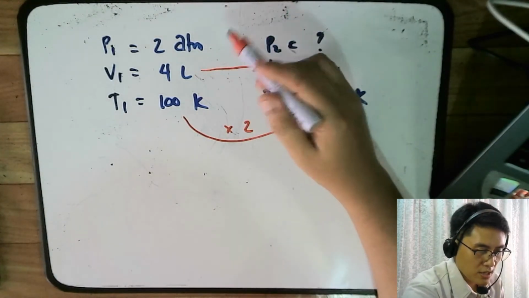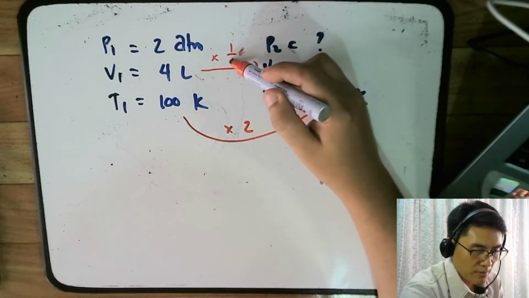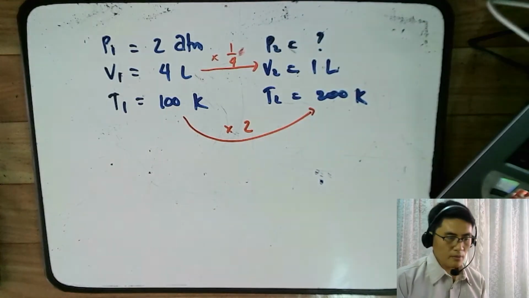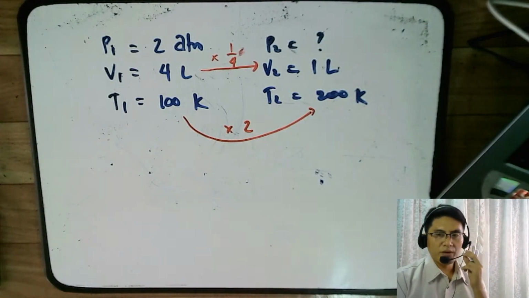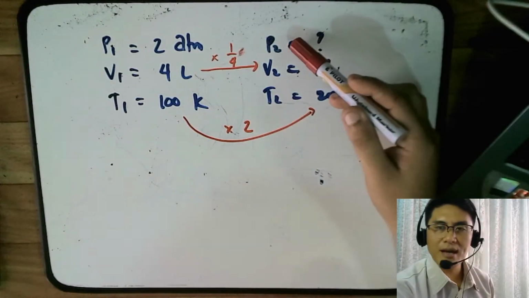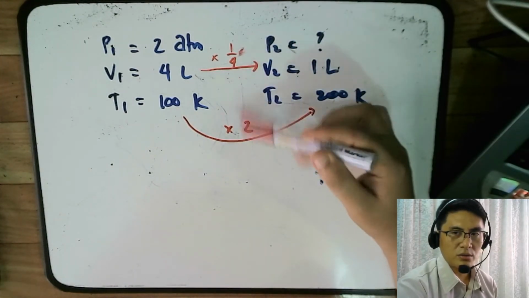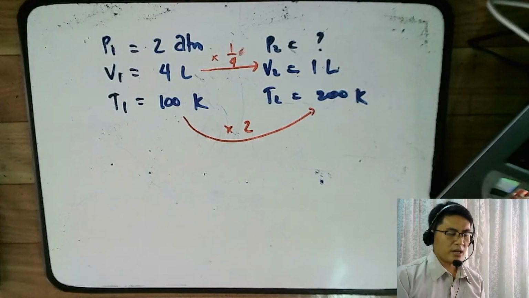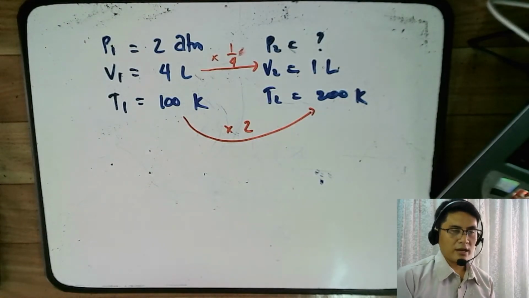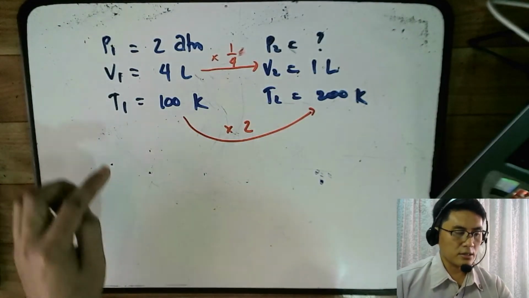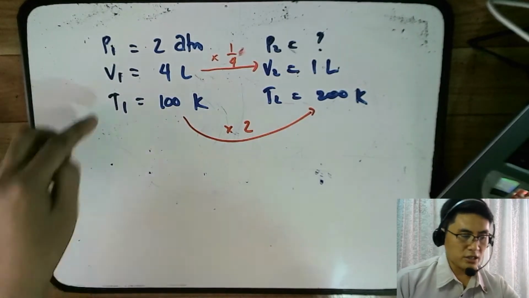Or another way to say it is it got multiplied by 1/4. Now without solving, you can find out what happens to the pressure just by looking at this and reasoning it out, analyzing the effect of each change.